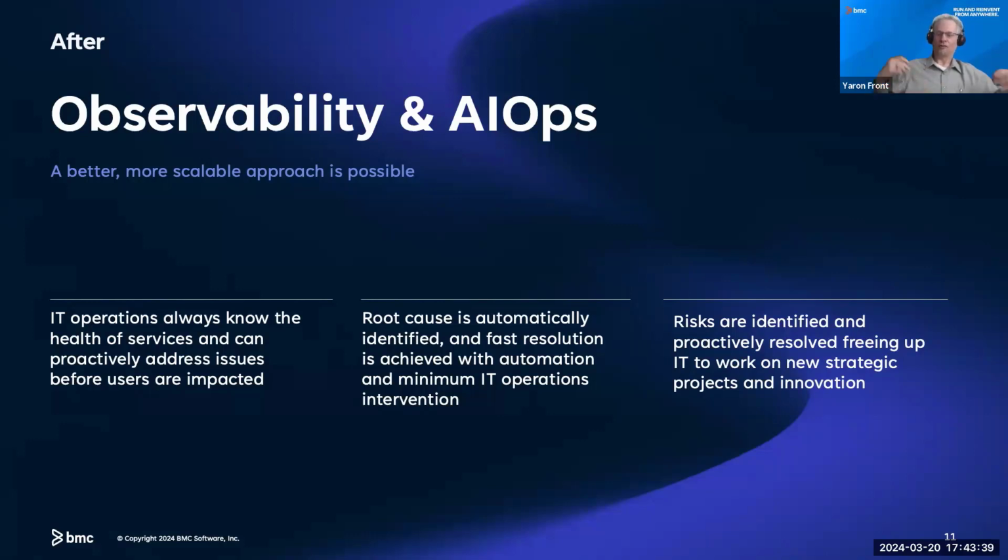You want to go from being reactive to being proactive, fixing problems before they happen, and freeing up all these valuable resources that you have sitting in war rooms today and chasing problems for strategic projects and innovation.